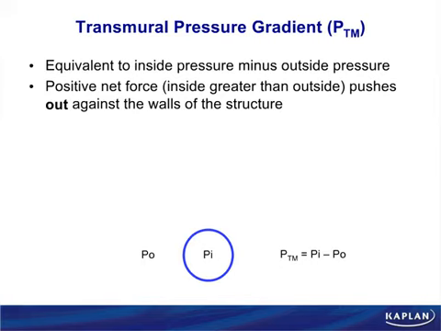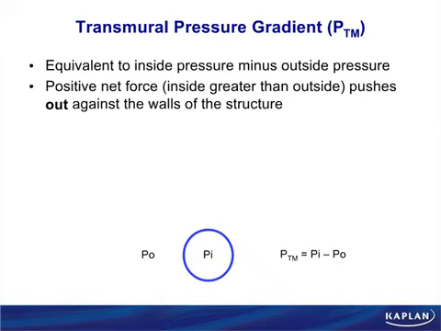Now, let's think about this. If calculating the transmural pressure gradient turns out to be positive, that would mean inside pressure is greater than outside. So the transmural pressure gradient is that force pushing out against the walls of the structure.